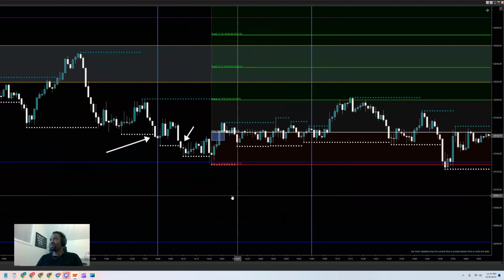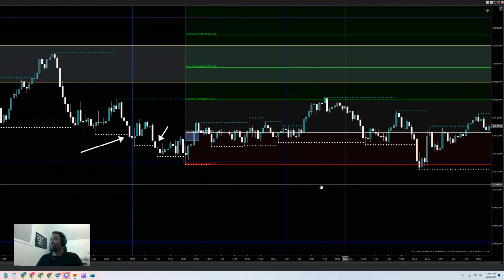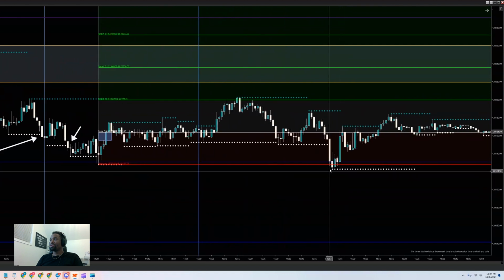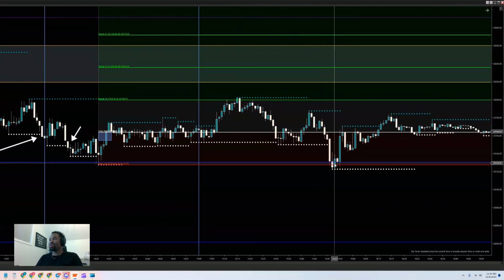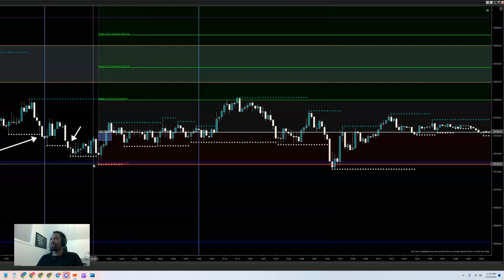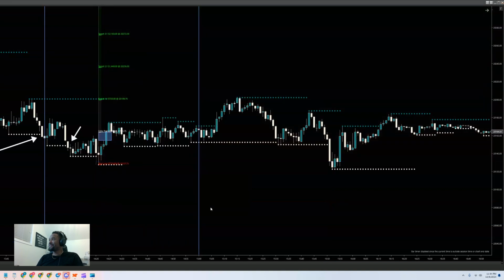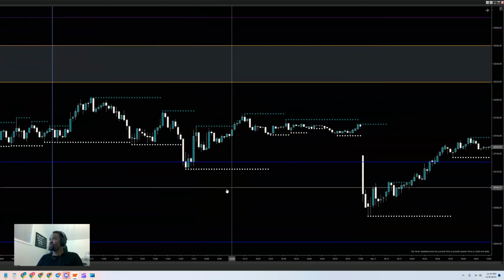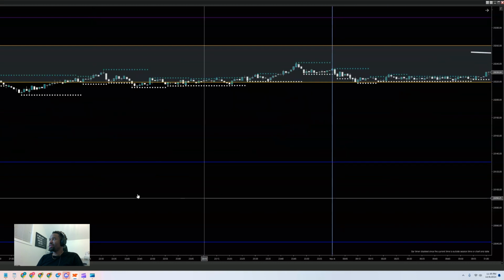This one, in fact, hit TP1, and then it would have taken you out of the trade right here. If you didn't take profit up here, then it would have taken you out right there. Then it was the weekend, and let's see our next one.